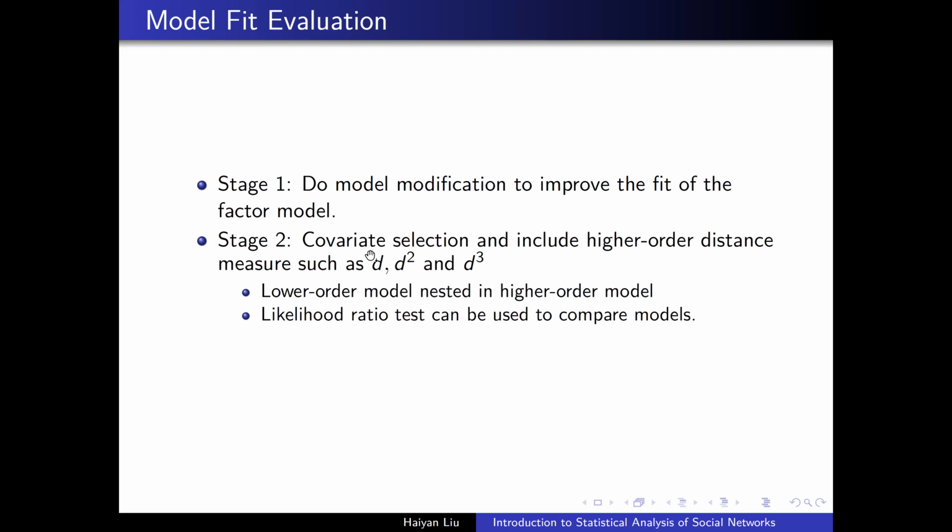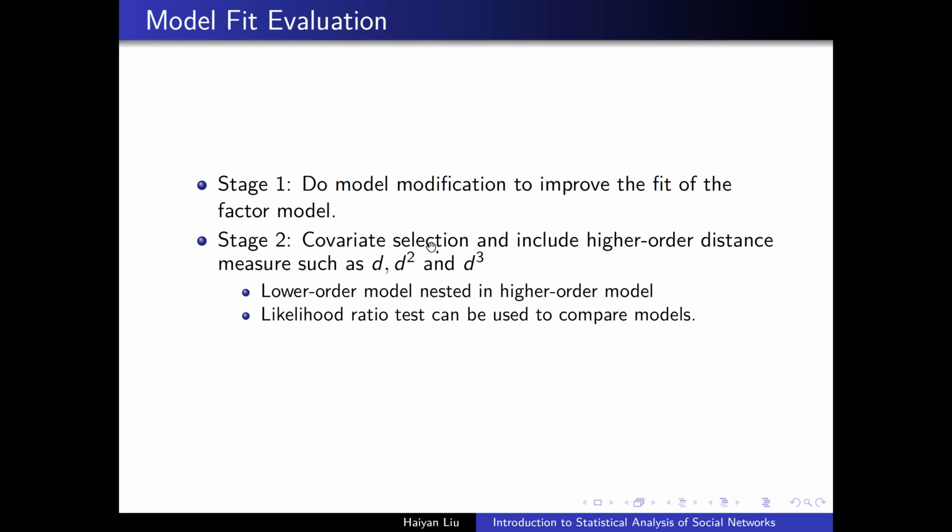By fitting the model with different degrees of latent distance, we are able to explore whether the relationship between the latent personality distance and the log odds is a linear, quadratic, or cubic relationship. So we are able to explore more complex structures by fitting the higher order model.